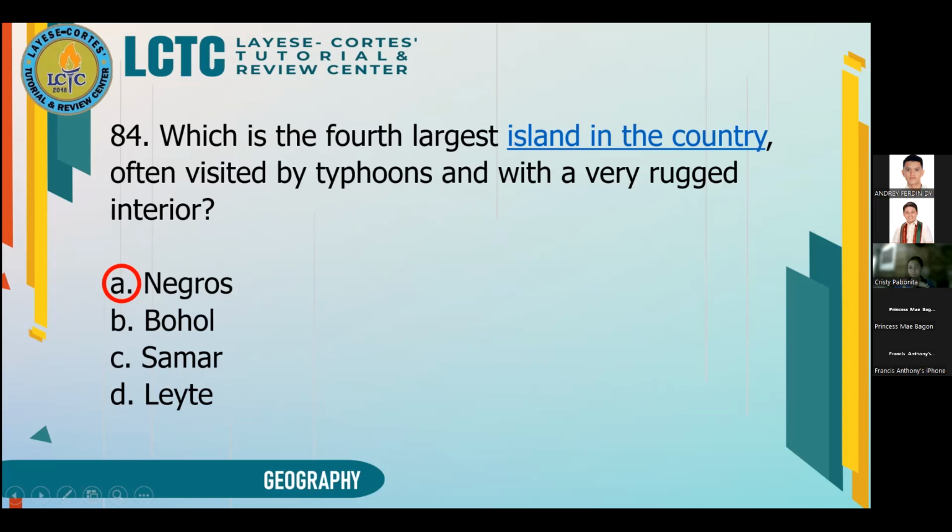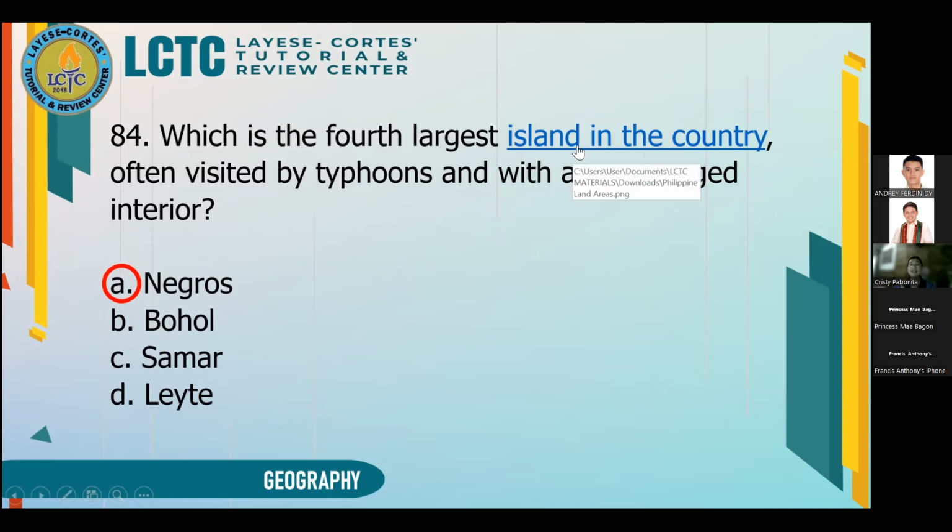So we focus on the specific answer: what is the fourth largest island in the country? There is no other answer to that. The other part of the question could have other answers, which is why Leyte is the answer of some reviewers.